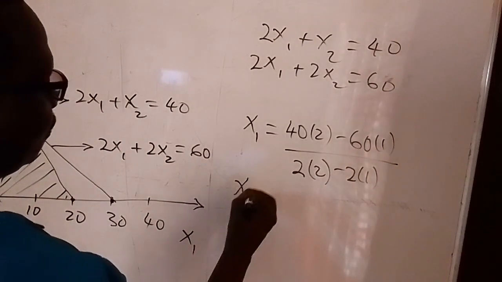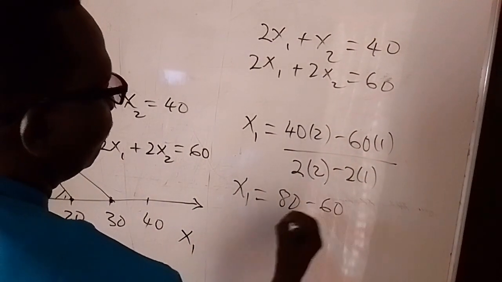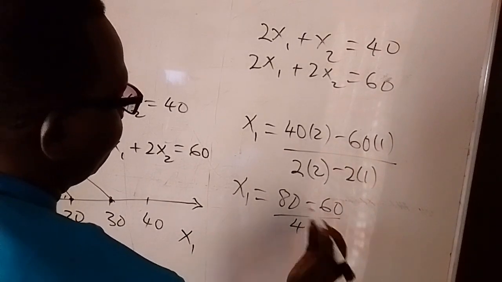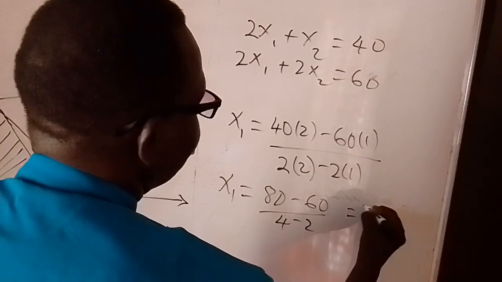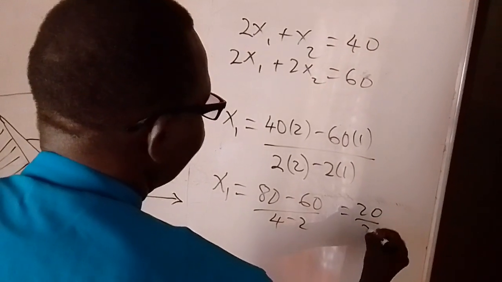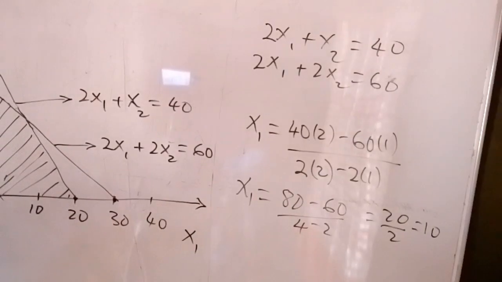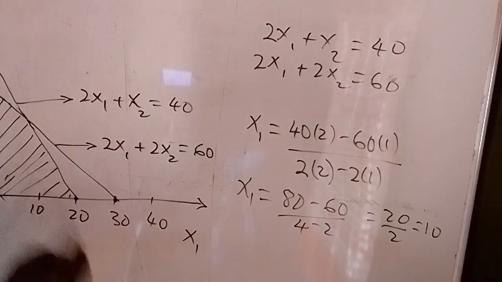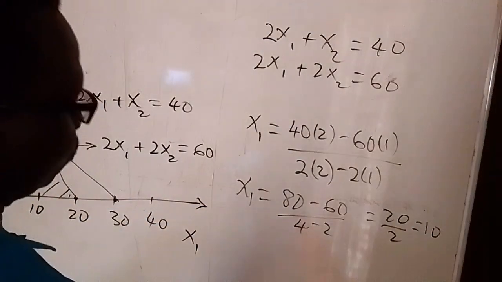So x1 is equal to 80 minus 60 divided by 4 minus 2, which is equal to 20 divided by 2, which is equal to 10. That is x1. So we can know x2 from either equation 1 or equation 2.